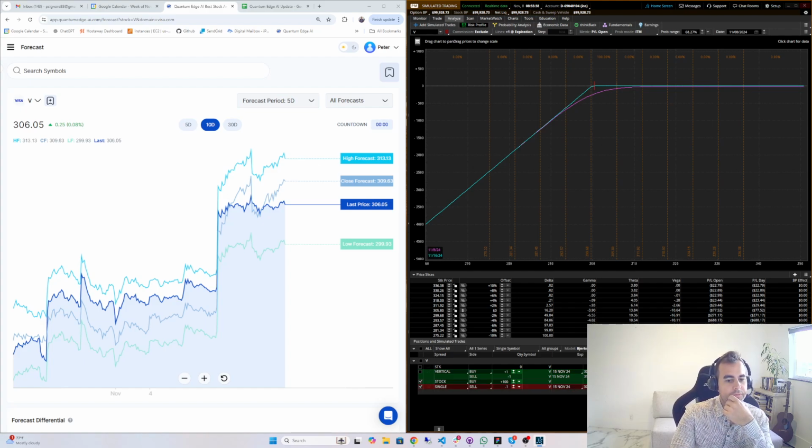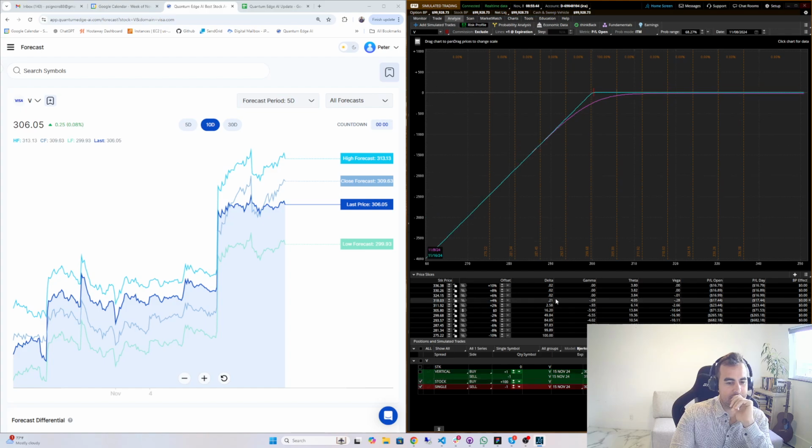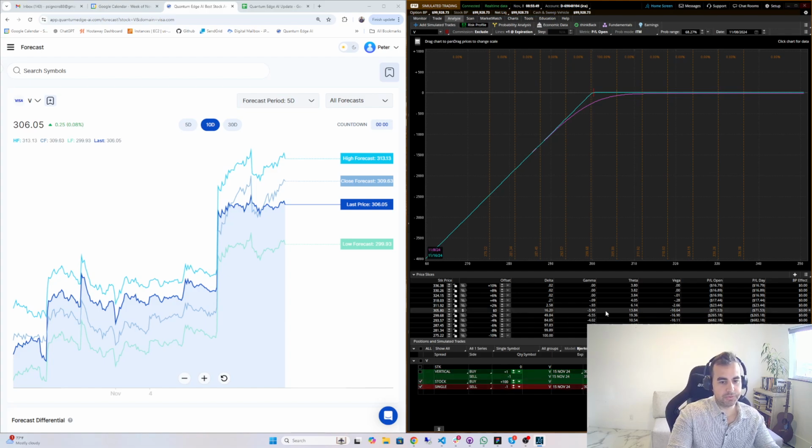Now, the reason you'd want to do something like this would be if you're trading the long side of it and you're scalping this 100 shares, and you're doing it very quickly. You can long this position, put your profit target here, and now you're short this one in the money call.